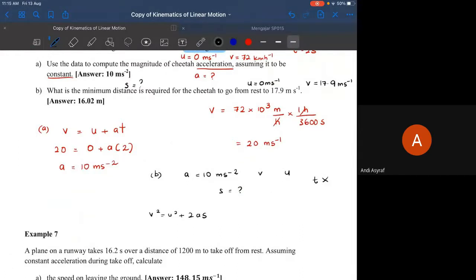And then we substitute the value of V, which is 17.9. Remember to square. Zero square plus 2, 10 and then S. Okay. So press the calculator.